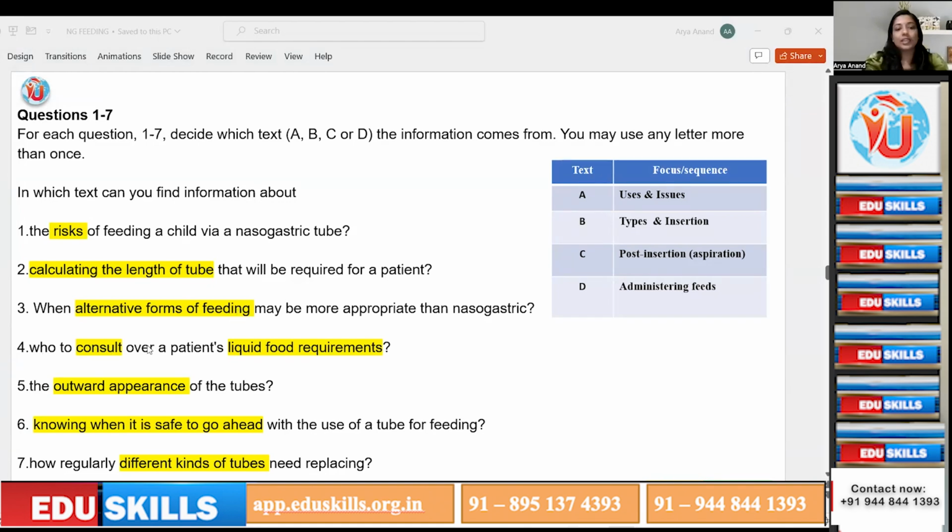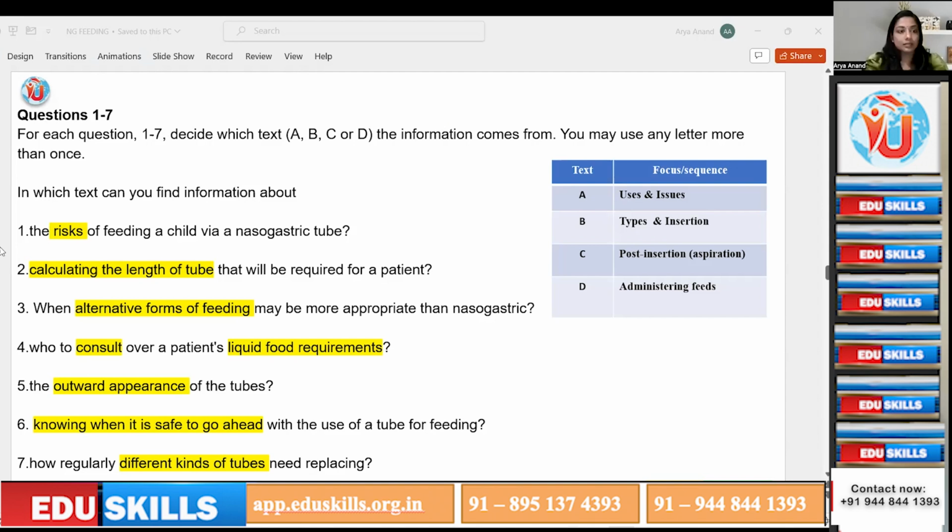Fourth one, who to consult over a patient's liquid food requirements. D. Okay. Fifth one, the outward appearance of the tube. Sixth one, knowing when it is safe to go ahead with the use of the tube for feeding. C. Seventh one, how regularly different kinds of tubes need to be replaced. B. Fine. Different kinds.